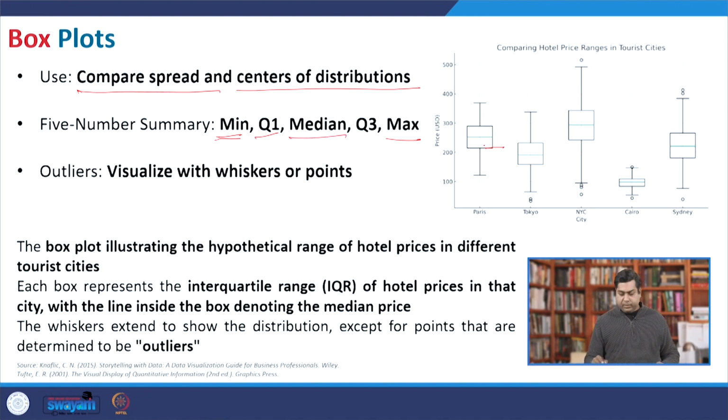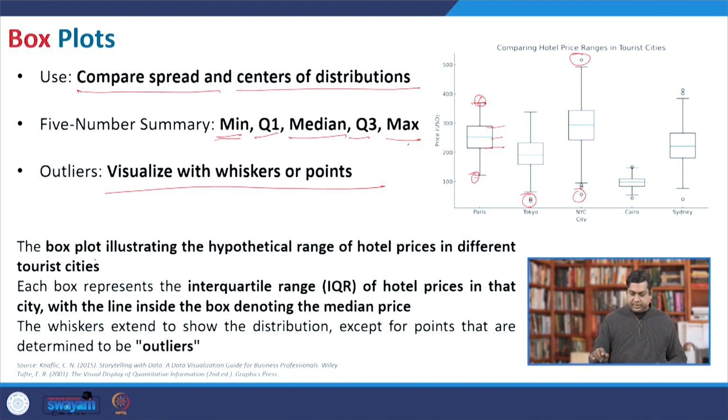Then you have the median, which is normally the 50th percentile. Then Q3 is the upper limit, and then we have the whisker to represent the max. And then there are some other points which are considered outliers. Outliers are normally visualized as points beyond the whisker.